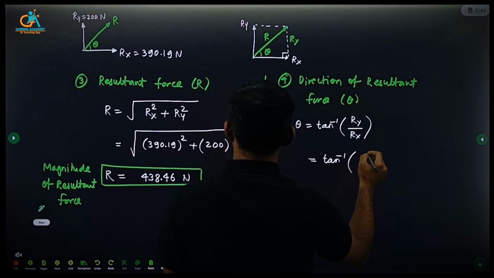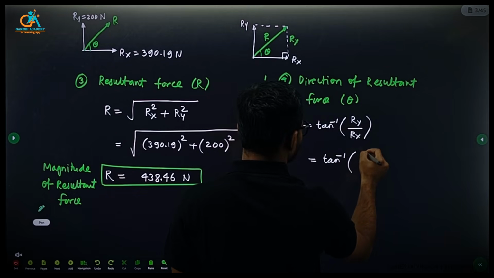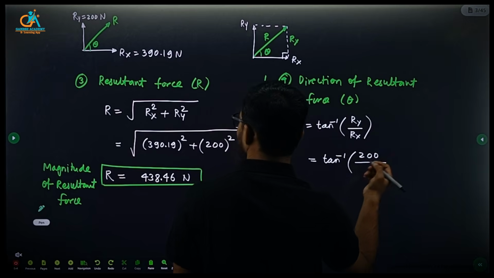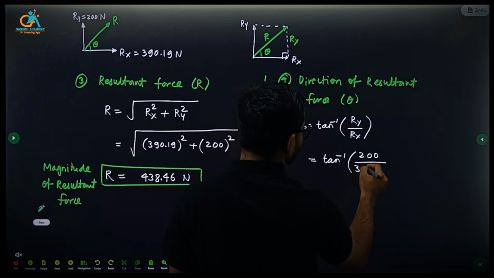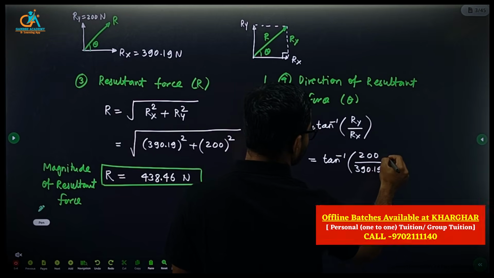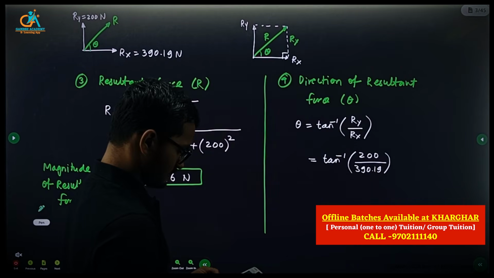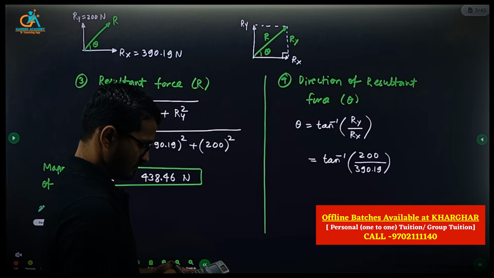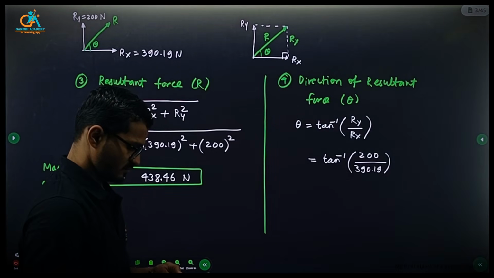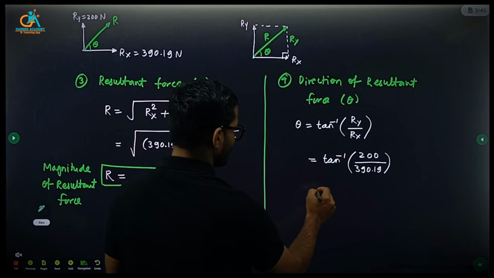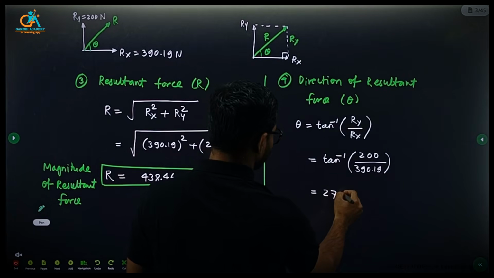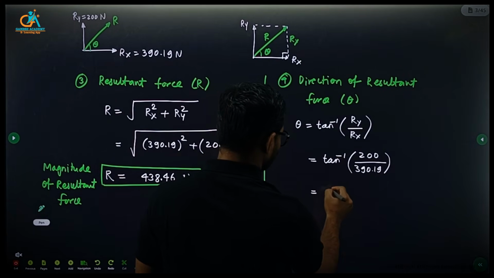So tan inverse of 200 divided by 390.19, which is 27.138, you can write down 14.